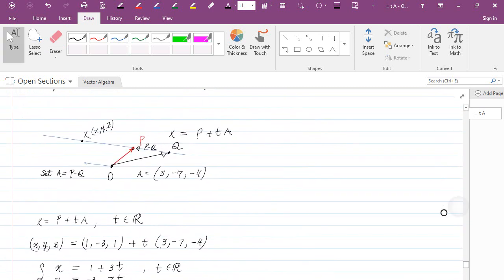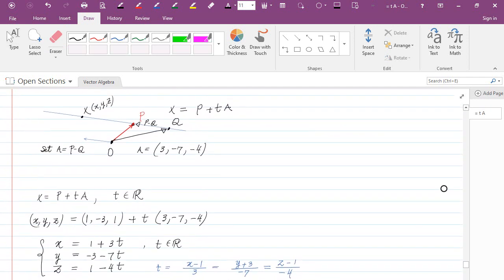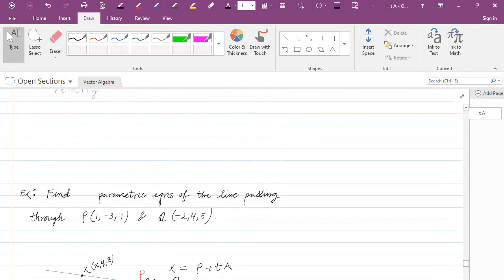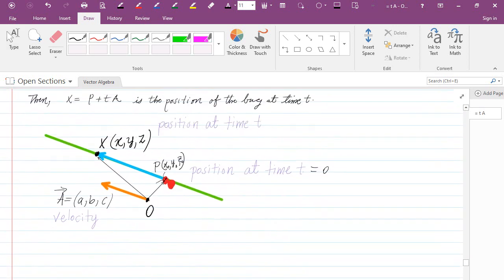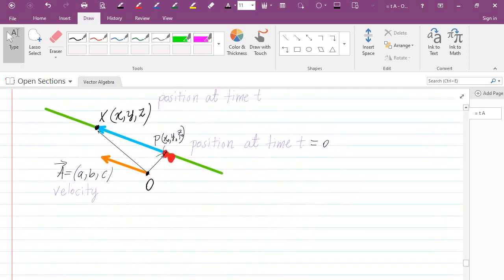So I want to warn you here that a given line has many different parameterizations, which is kind of clear because there are many different parallel vectors that we can use, and there are many different given points we can use on the line.